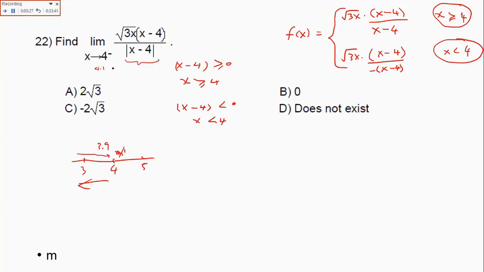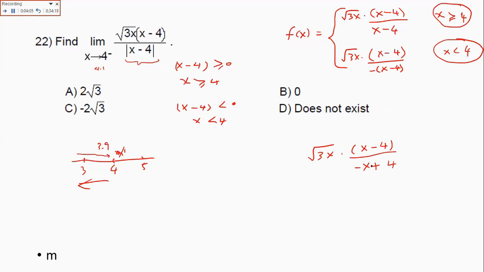Now, you want to take a look at the value. If I'm approaching from the left, I'm approaching with a value that is negative. Let me just expand this one. This will be square root of 3x, right? Multiplied by x minus 4 divided by minus x plus 4, right?